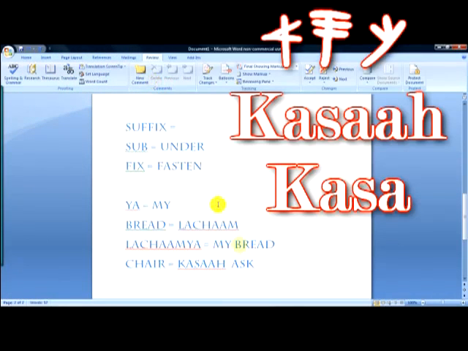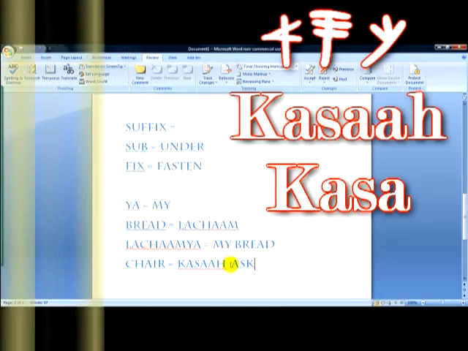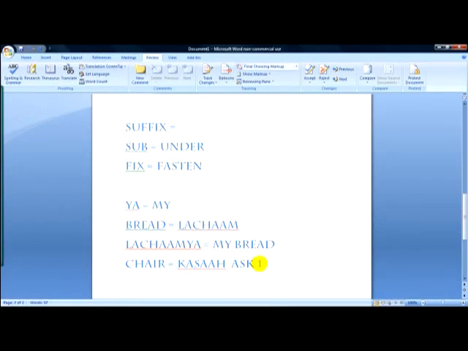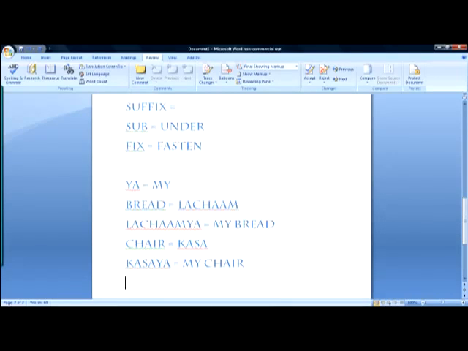When you look at the Hebrew word for chair, the way you pronounce it is kasa. Now if you wanted to make it my chair, you would put kasa ya, which is my chair. That's how you would make it possessive. You could do that with any word, like the word book or any other word. Anytime you see the ya at the end of a word, that means my.